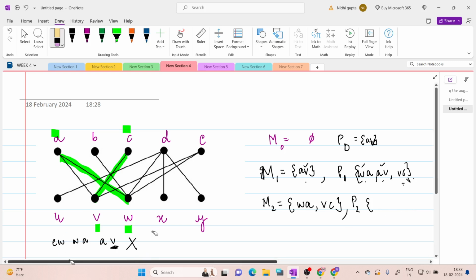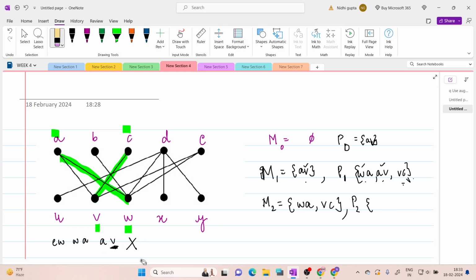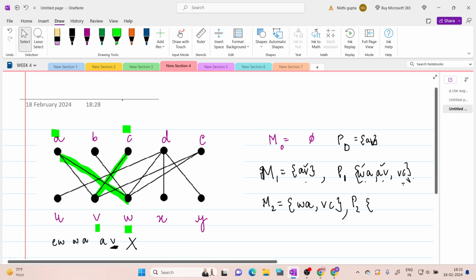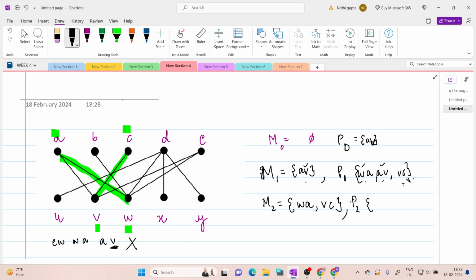So what can be the augmenting path then? Anupam, you were saying something. So give an augmenting path. Ma'am, we can take a single edge also, DX. Yes, we can take a single edge also.